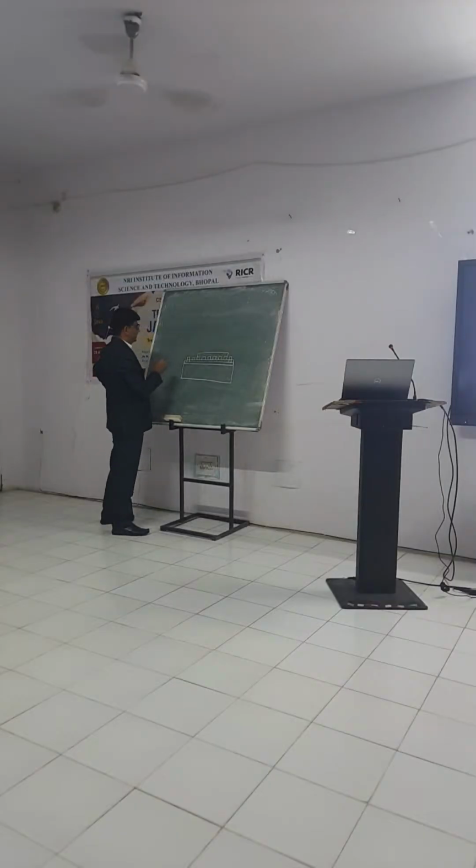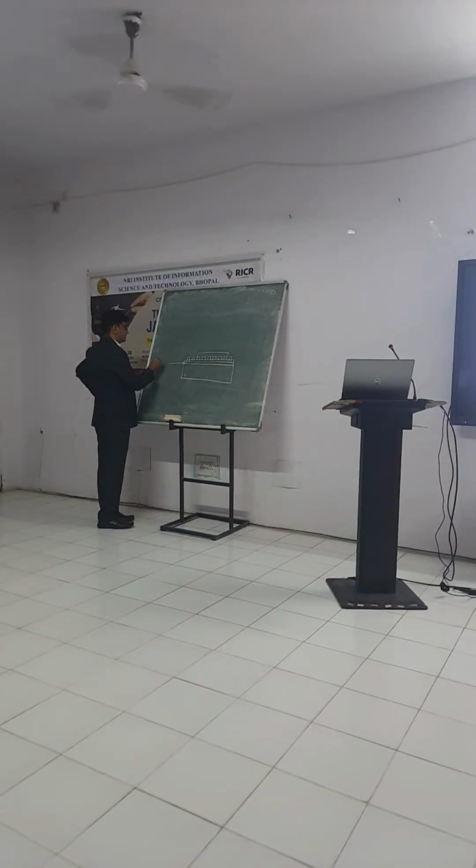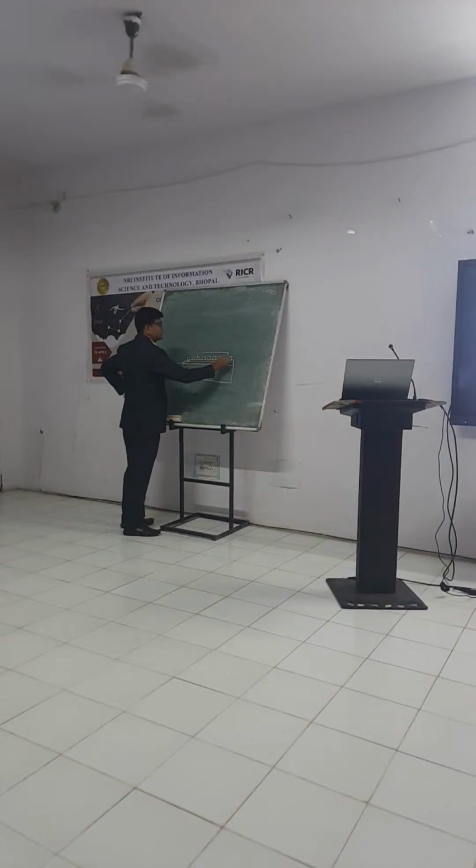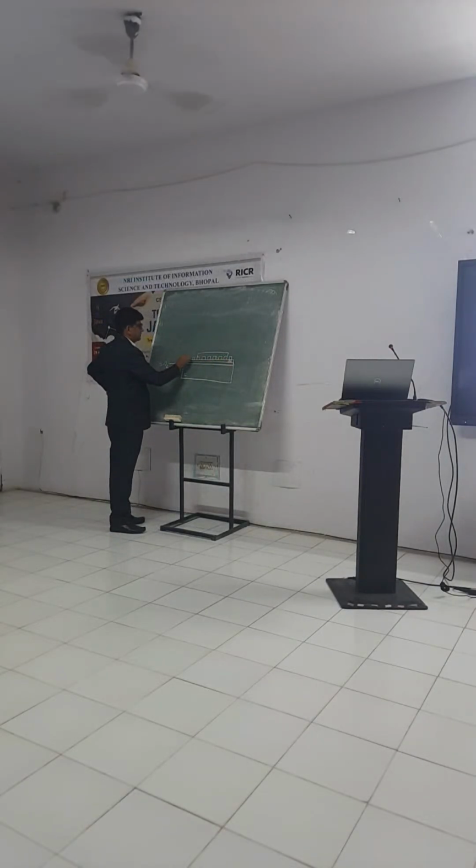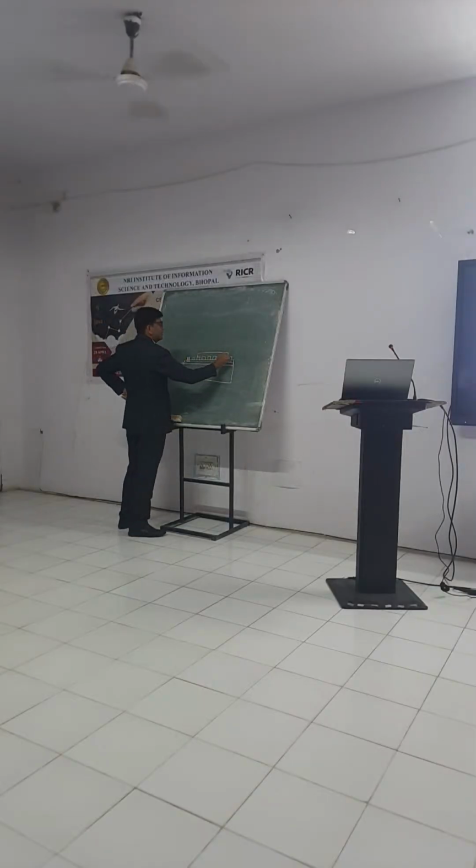So now see here, what is this? I have a sensor. So this is my silicon substrate, and this is my SiO2 layer, and this area represents my heater element. What is this? This is my heater element.